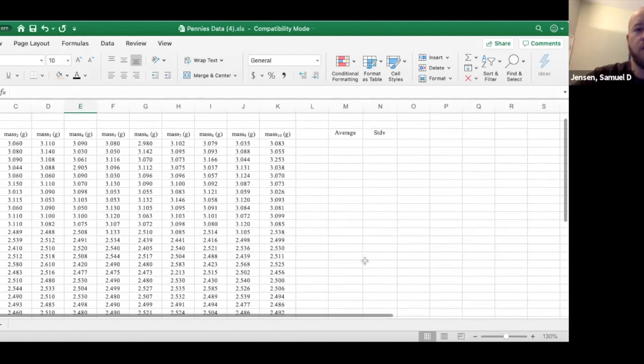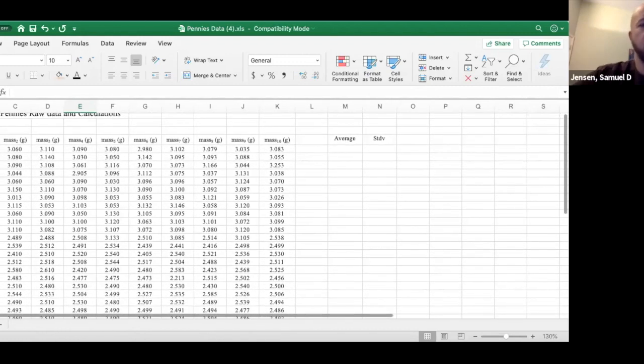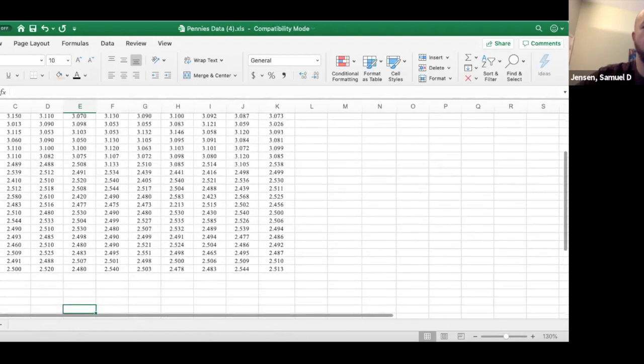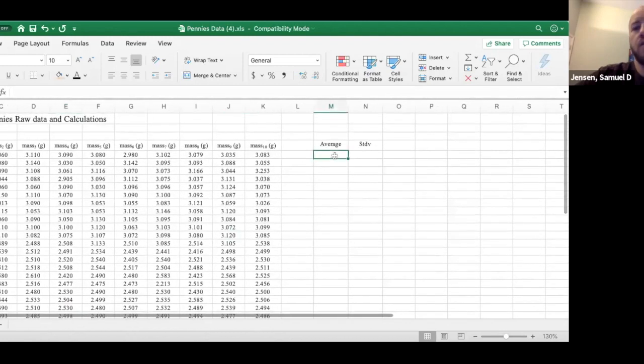Here you have the mass of pennies from 1971 to 1995. If you're not familiar with Excel, this adds an extra little complexity because everything is going to be virtual, so there's going to be a bunch of Excel work. You're going to have to figure out how to use Excel, and there are other links in there on how to do things.